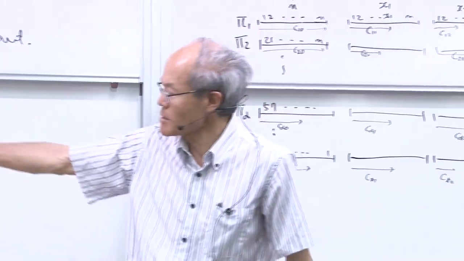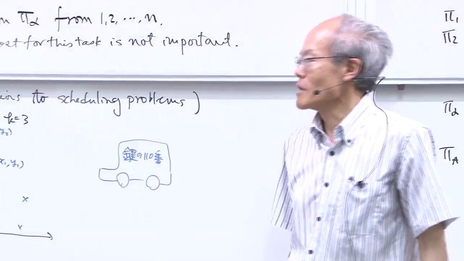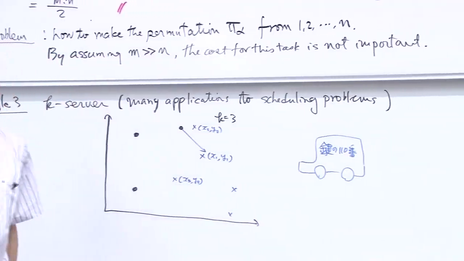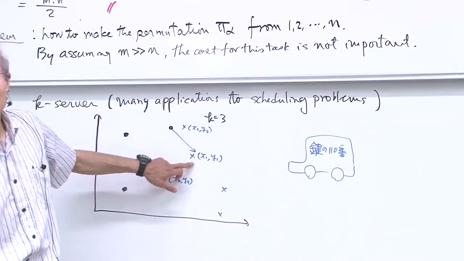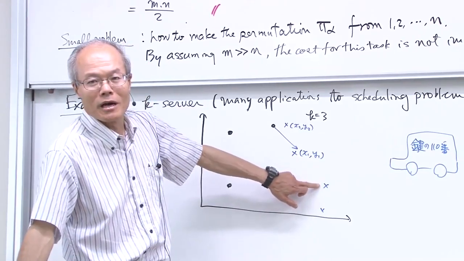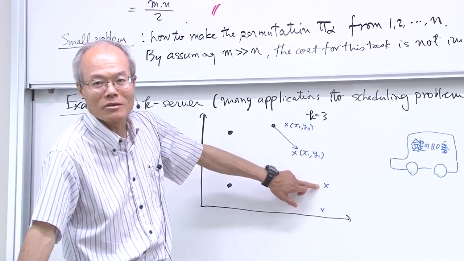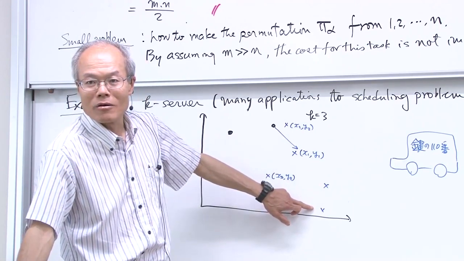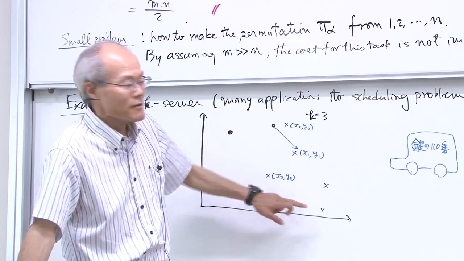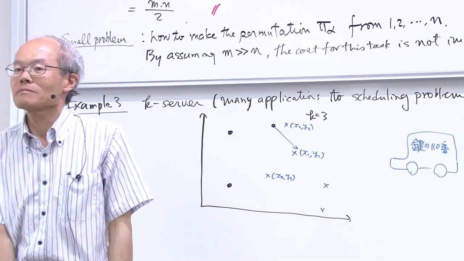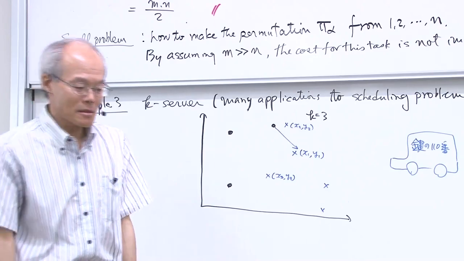Exactly this problem. We have an initial location of 3 cars. This is Kyoto University. This is maybe Kyoto Station, near Fushimi. So they have to send one of their cars to the requested position.